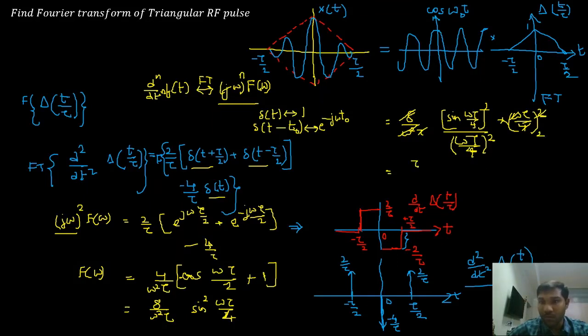So tau by 2, and this is nothing but sampling of omega tau by 4, and I have a square of the sine term, right? So sampling square of omega tau by 4. So far what I have done, I have just found the Fourier transform for the second function here, right? This function.